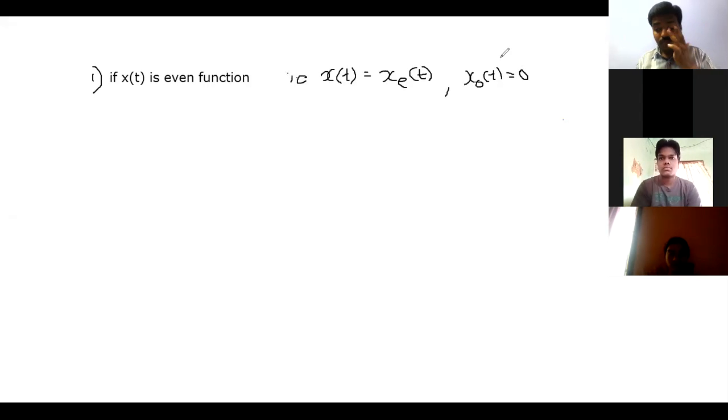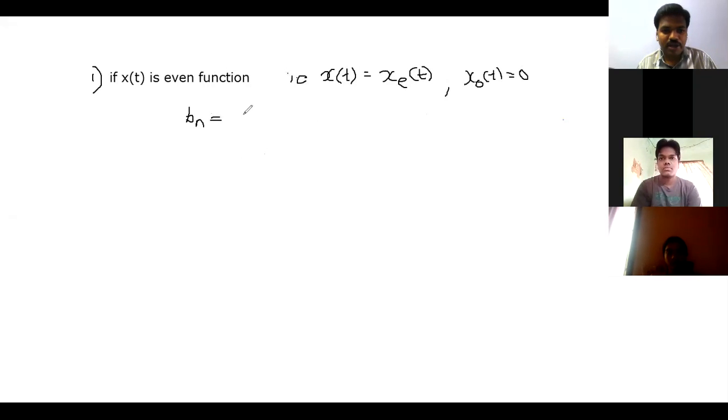Okay. If we substitute the same conditions in the an and bn coefficients, let us verify what answers we will get, right? So I am considering bn. If we substitute the same conditions in bn, so what is bn?